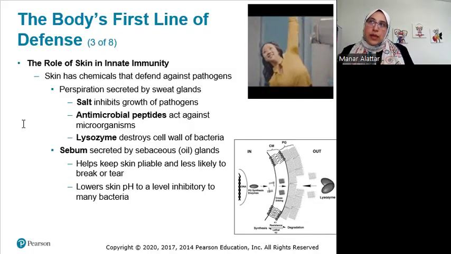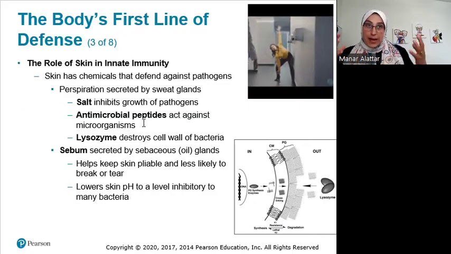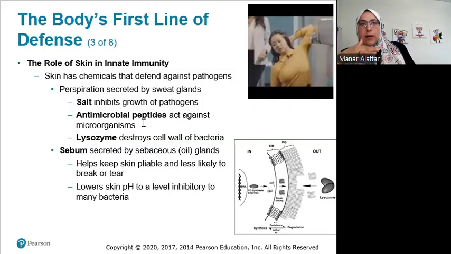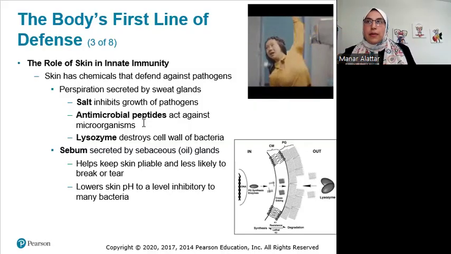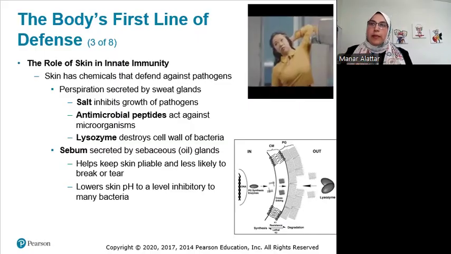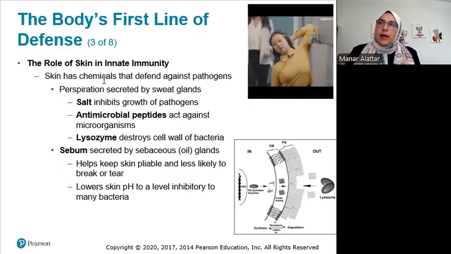Okay. Also, the aggregate of sweat maintains a pH balance that also helps us mitigate the kind of the microbial community on our skin towards a more healthy microbiome as well. Okay.